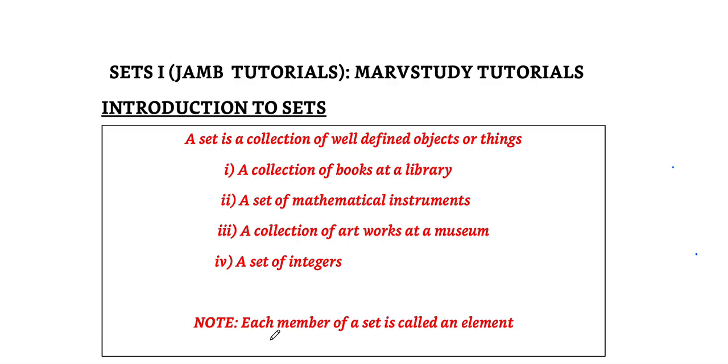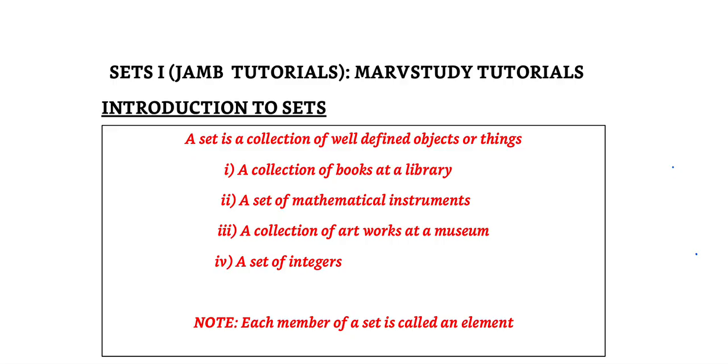One fact you should note about set theory is that each member of the set is called an element. So if we have a set, maybe the book, the pen, the mathematical instruments, different stuff that have to do with stationery, then each of those members, the pen, we call them elements, right?